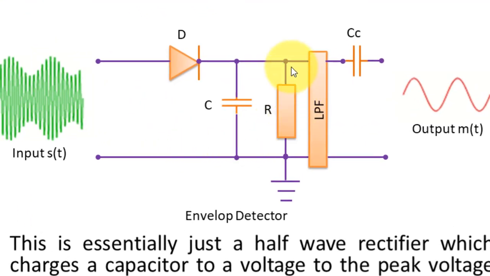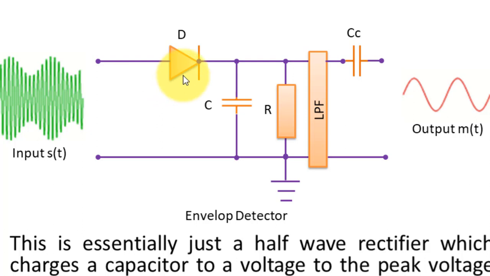So this is the block diagram structure of your envelope detector. Here we have the diode circuitry, a capacitor, a bleeder resistor, and a low pass filter, and this is your coupling capacitor. Let us discuss how this circuit functions. Initially we apply our modulated waveform, or amplitude modulated signal, to the diode circuitry, and here the diode simply works as a half wave rectifier.